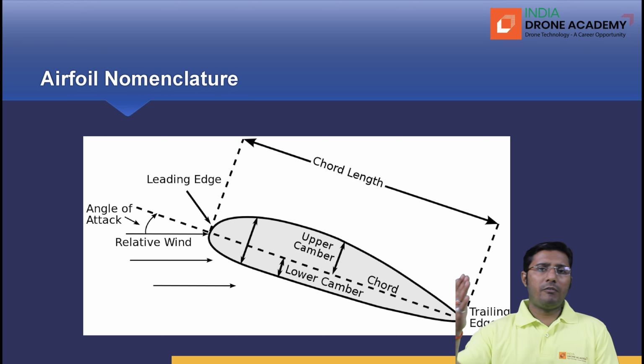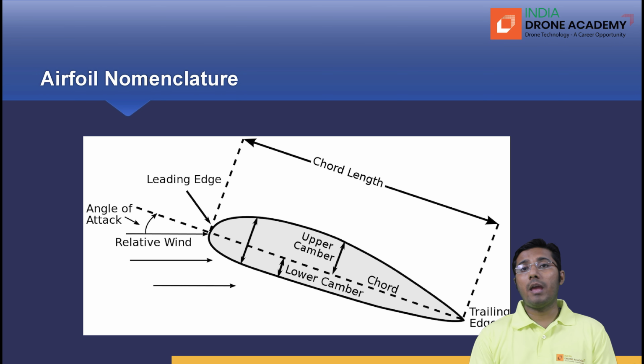Okay, because the upper one will have more camber and the lower one will have less. And this camber enhances the airfoil's capability to generate lift. This is why camber is a must, and it is appreciated and required by designers for their aircraft.